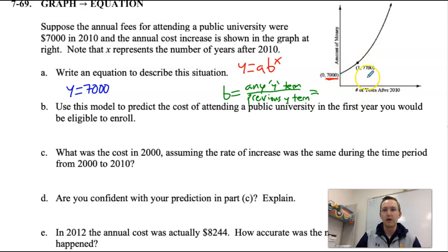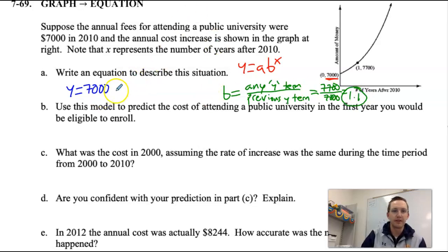Those corresponding y values are 7,700 and 7,000. So we have any y term, and we know the previous one, which is at x equals 0. So for this, we have to say 7,700 divided by 7,000. And when we evaluate that, we get our multiplier of 1.1. So now we can plug that into our equation, and we get 7,000 times 1.1 to the x.